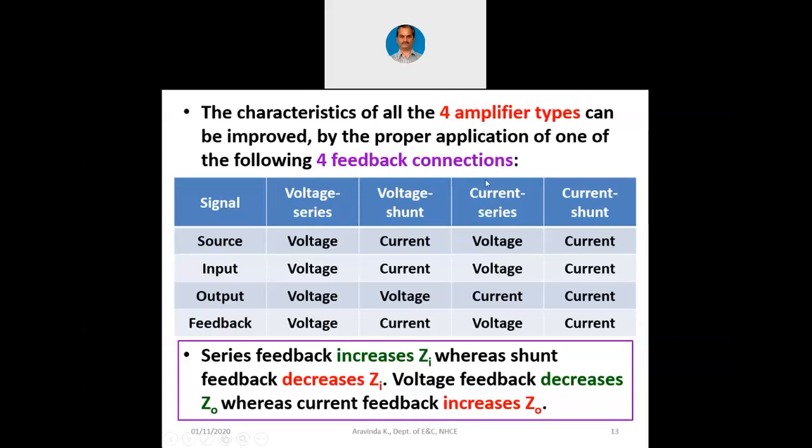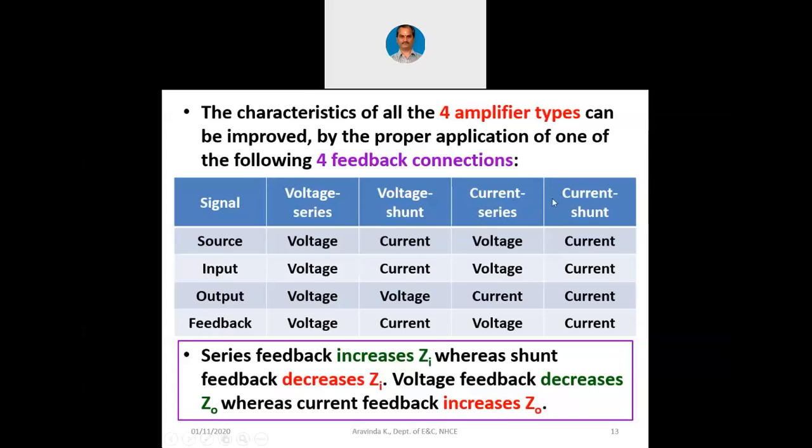Now you can easily remember again, whenever there is a voltage shunt, output impedance is going to be reduced and input impedance is going to be reduced again because of shunt connection at the input. Now in case of current series, output impedance is going to be increased and input impedance also is going to be increased because series connection at the input is going to increase input impedance, whereas current feedback at the output is going to increase the output impedance.